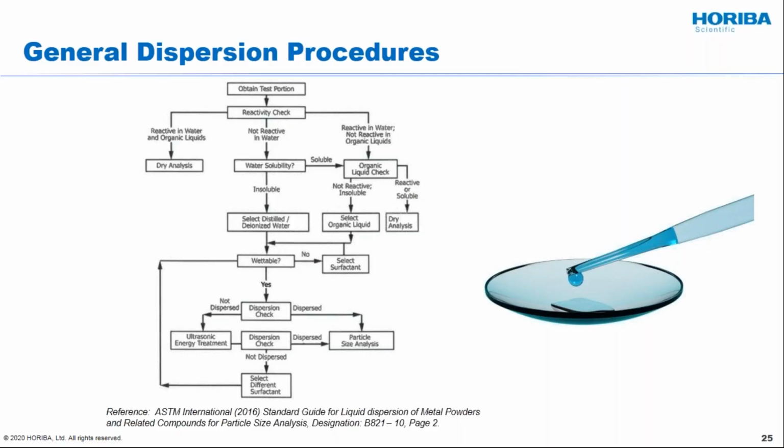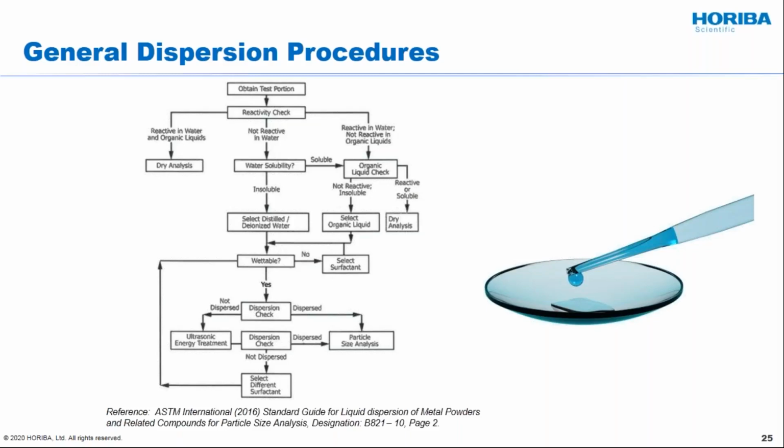Again, I don't want to go through all of this with you, but you can see you've got to get your sample up top. Make sure that the sample's not reacting with the liquid medium you have. You have to make sure it's not liquid soluble. You have to pick surfactants, either the organic case or the water case. You have to make sure everything is well wetted.